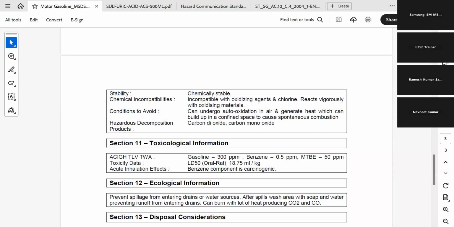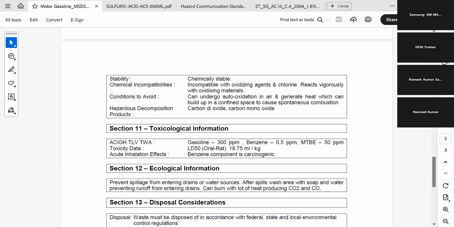Petrol is a flammable liquid, incompatible with oxidizing agents and chlorines, and reacts vigorously with oxidizing materials. Wherever there is an oxidizing material, they can react very violently.